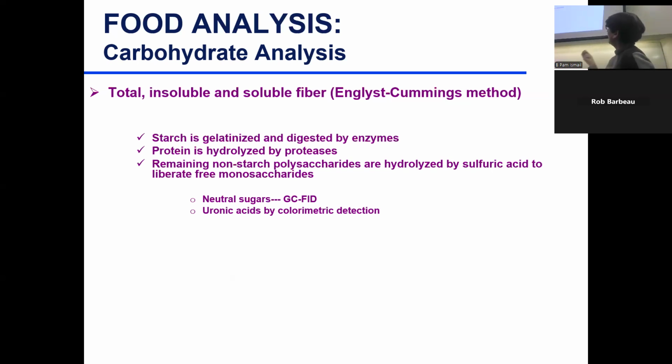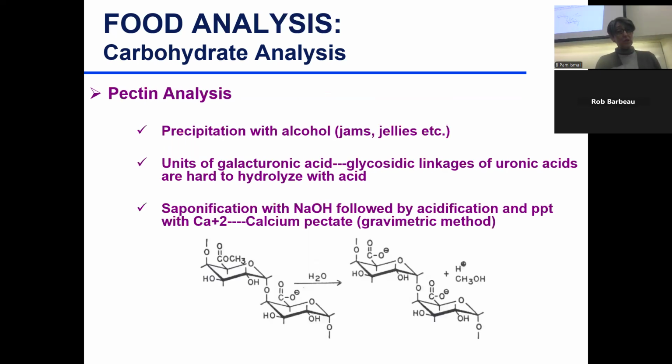We use sulfuric acid, break them down into monosaccharides, and then we derivatize the monosaccharides and use GC-FID for detection. Uronic acid, which is part of pectin, requires another method by colorimetry to detect them. Okay, so that's the GC.